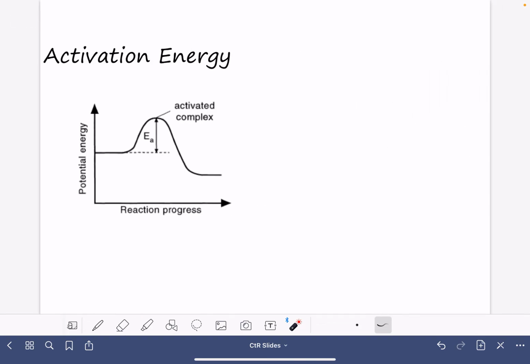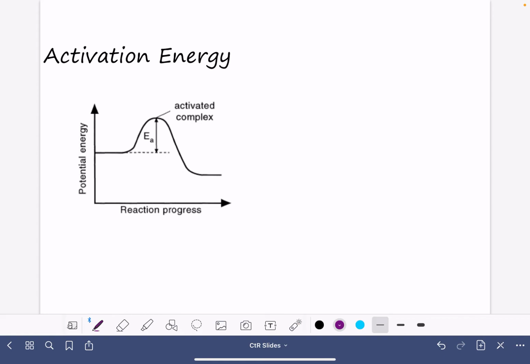The energy that's required to break the bonds in the reactants is called the activation energy, and it's the distance between the start and the highest point, okay? It will always be positive because it always requires energy to break bonds in a molecule. So that's the activated complex, and that is the activation energy. So this point here is the activated complex, and this difference between the numbers here is the activation energy.